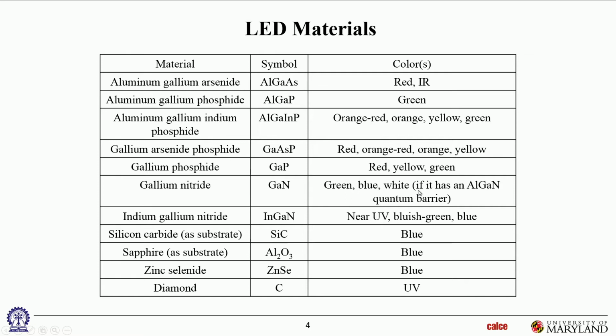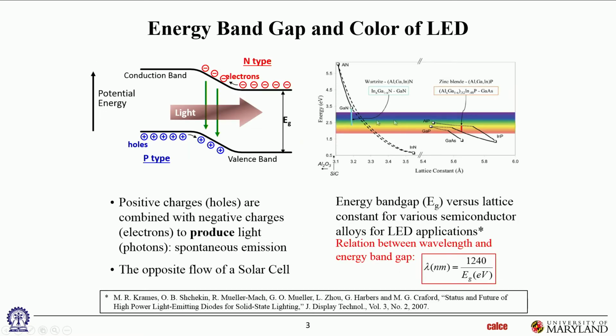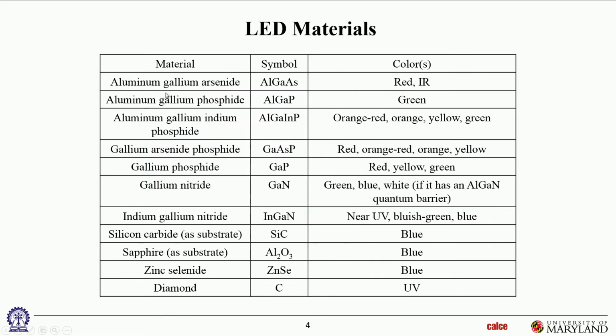Here the same information that's graphical is put down in tabular form. You can see that in the red and infrared region, typically they use aluminum gallium arsenide. Then green is phosphide. Then when you get to the orange and yellow range, you add indium into that.